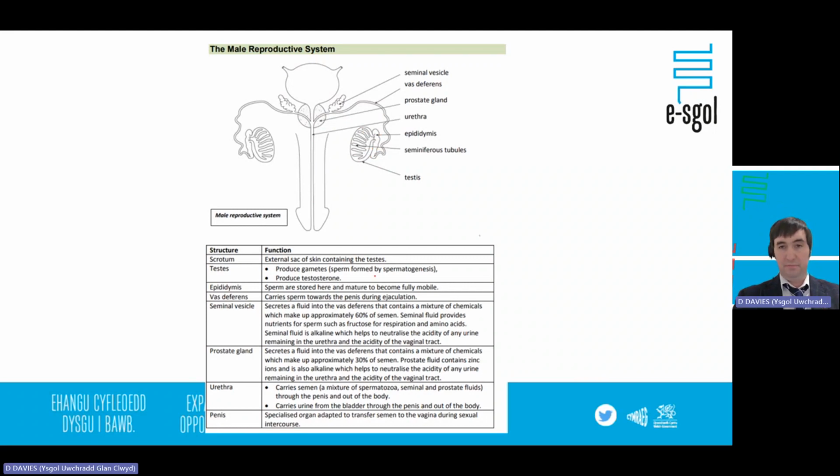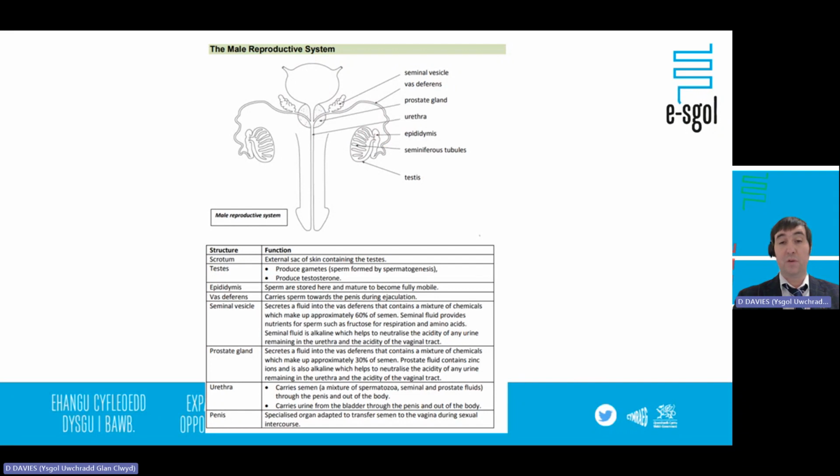The vas deferens carries the sperm from the testis to the base of the penis during ejaculation. Seminal vesicles, as the name suggests, produce seminal fluid, secreting fluid into the vas deferens.